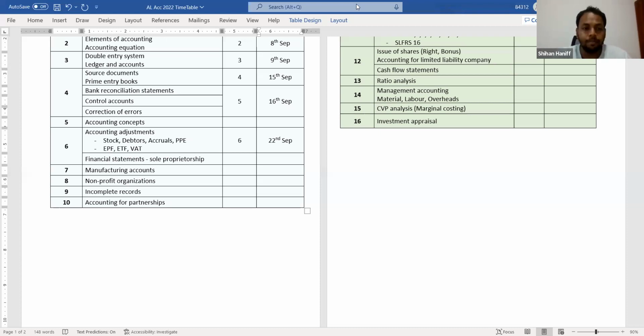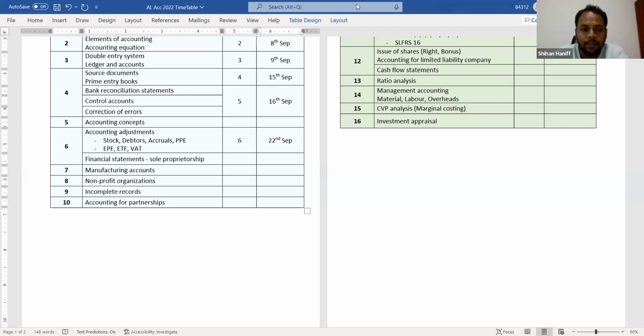I will keep the accounting equation and accounting concepts for now, since it's a theory part. Today I thought of discussing accounting adjustments. This is the key. Remember, in accounting, the main part is accounting adjustments. The reason is, if you take preparation of financial statements for sole proprietorship, you need to know the accounting adjustments.